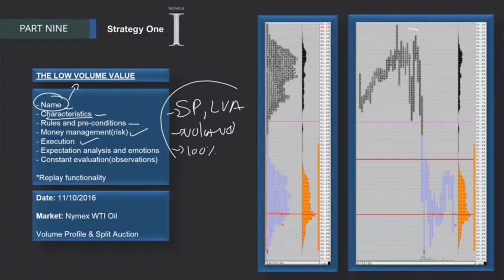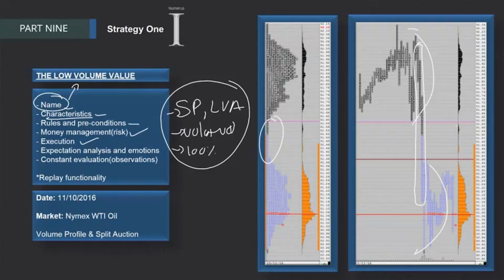So these are three vital conditions, and we can see in this example the single prints with the low volume area, we can see a pickup in the volatility as explained with the sudden shift in the R and S print, and we can also see 100% range extension as explained earlier. So straight away, the preconditions are there for us to take on this trade.